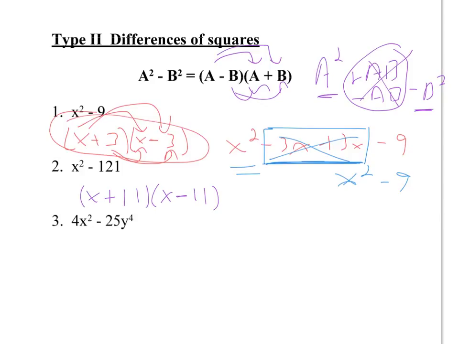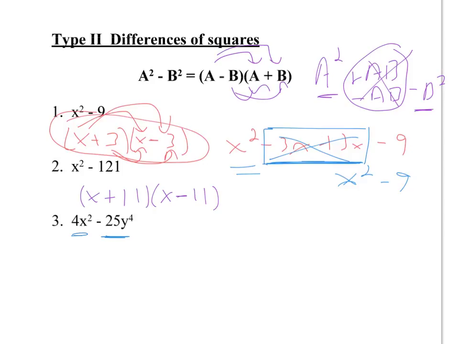Let's look at the last one. The last one, I have 4x squared minus 25y to the fourth. I have two terms. They're both perfect squares. The square root of 4x squared is 2x, right? That's 2x. And the square root of 25y to the fourth is 5y squared.